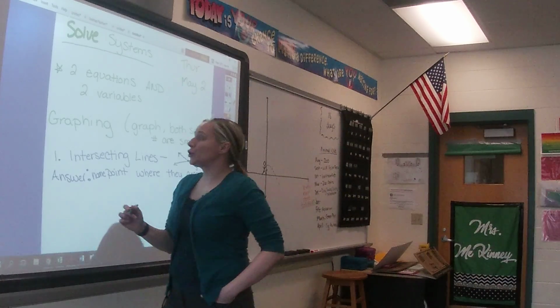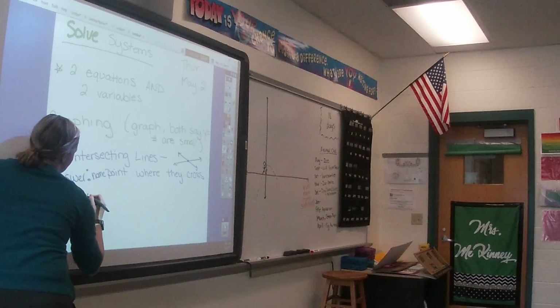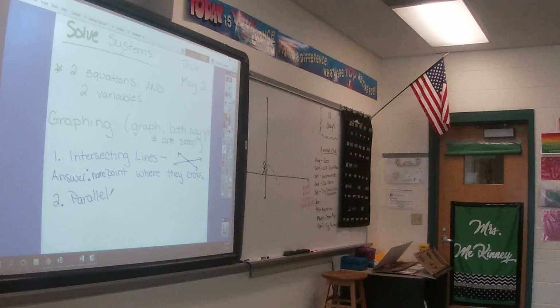Option number 2 is that we could graph and we can get parallel lines. What are parallel lines? Lines that don't cross.